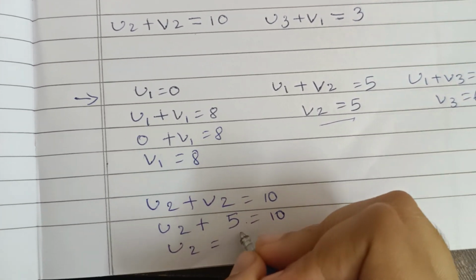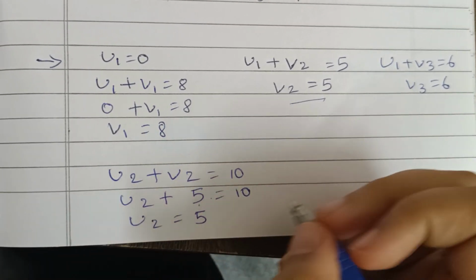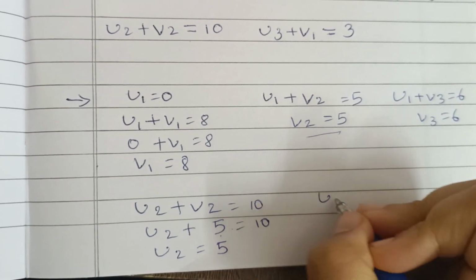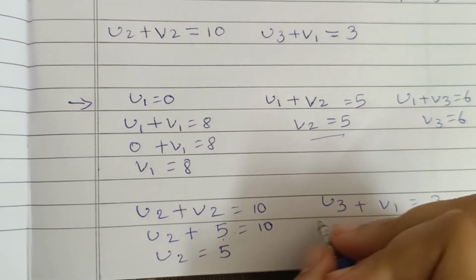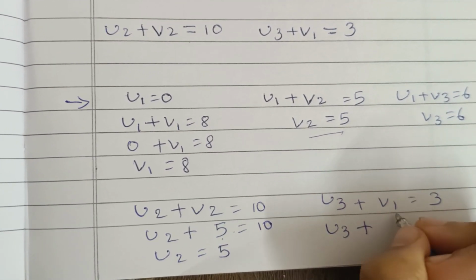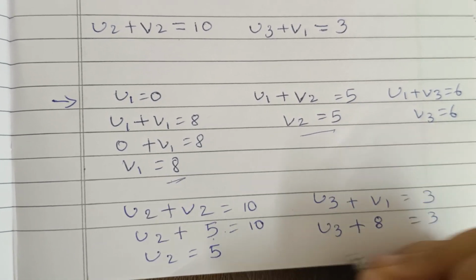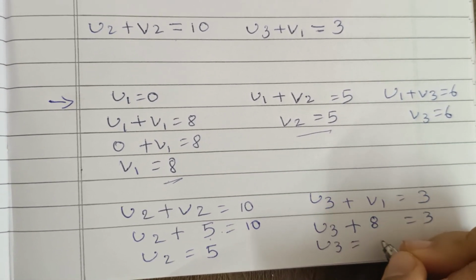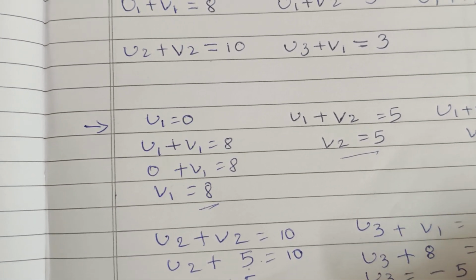U2 becomes 10 minus 5, which gives 5. Next, U3 plus V1 is equal to 3. V1 we got 8, so U3 plus 8 is equal to 3. So U3 is equal to 3 minus 8, which is minus 5.